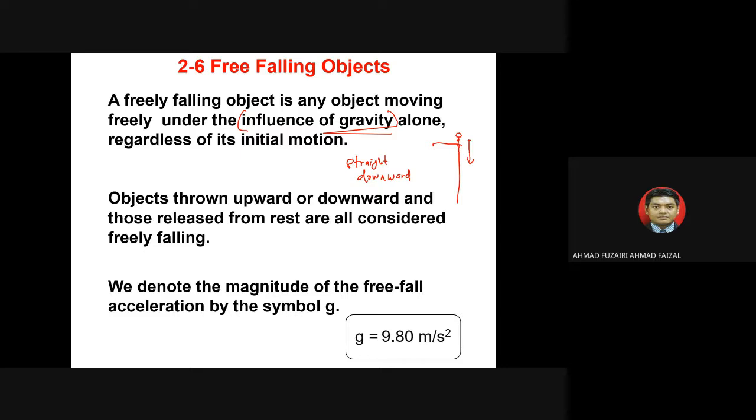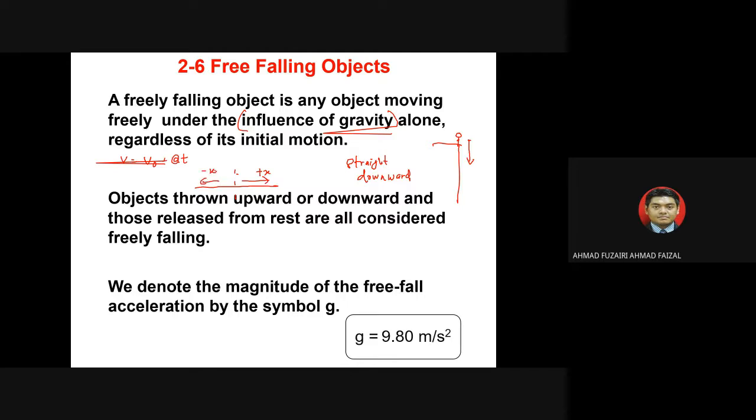So when you have the equation V equals V naught plus AT, right now the A will be something else. Why? Because we have A as the gravity. Before this, the motions only involved the x direction, whether going to positive x or negative x, it doesn't matter.